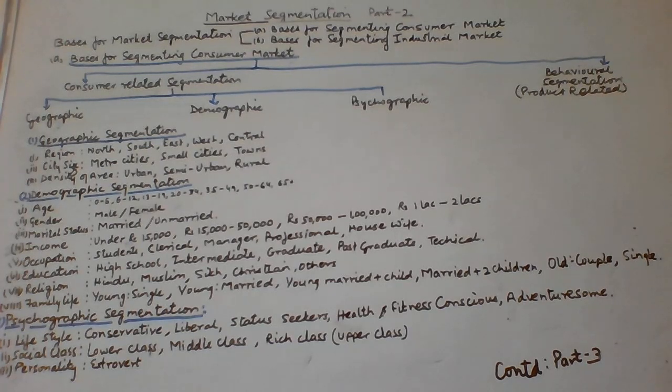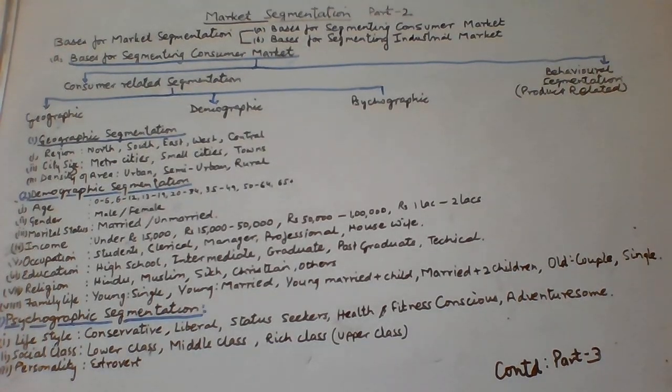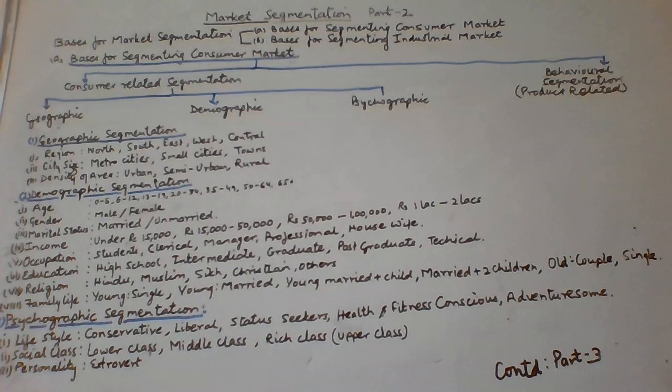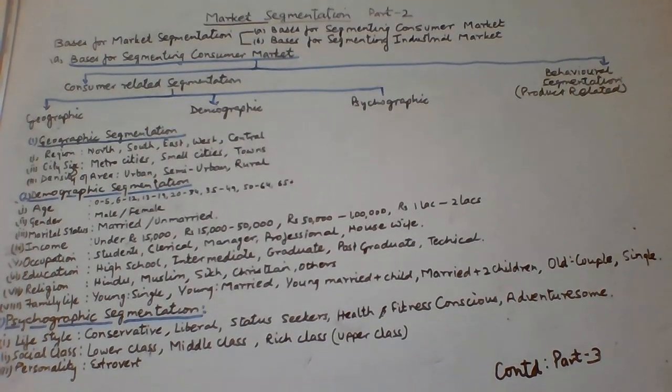Another demographic factor is marital status, whether the individual is married or unmarried. For example, take the income a person generates, say a monthly salary.